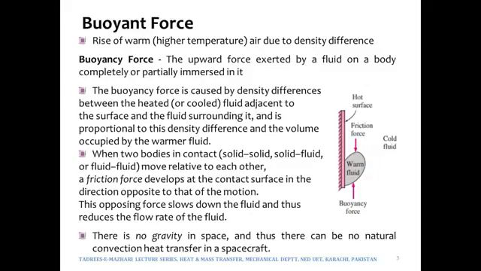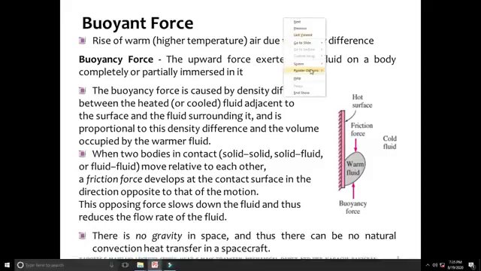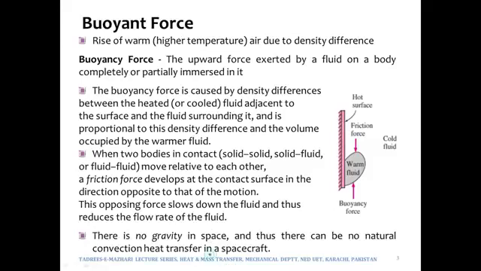Now, free convection takes place due to density difference. As you can see over here, in free convection there would be convection currents, and those convection currents would be taking place due to the density difference, and this density difference would be produced due to temperature gradient.